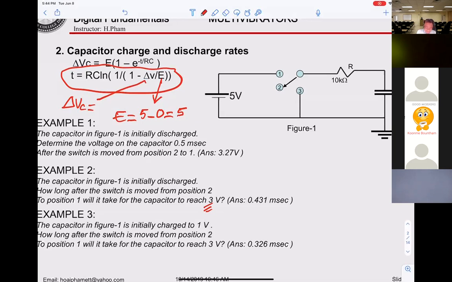So delta VC equals 3. Okay, and you substitute into that formula, you're able to get the time. And the answer will be 0.431.